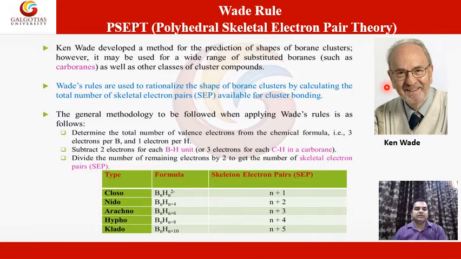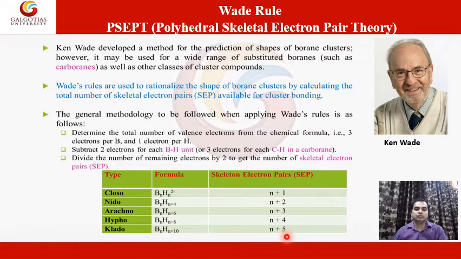Second, subtract 2 electrons for each BH unit, or 3 electrons in the case of CH if we are having a carborane cluster. Then divide the number of remaining electrons by 2 to get the total number of electron pairs, that is SEP, skeleton electron pairs. After that, we can see what type of shape is possible on the basis of the available number of SEP for that cluster.